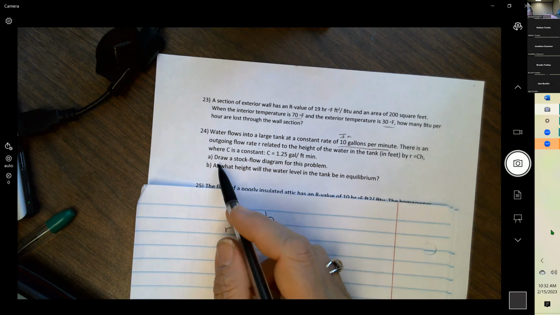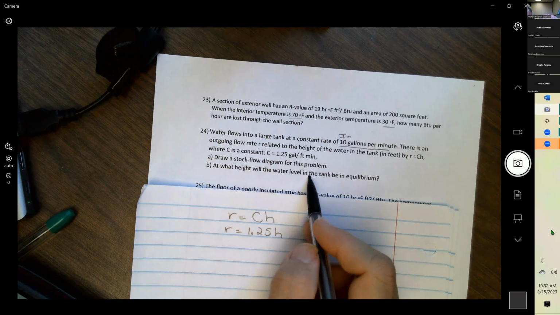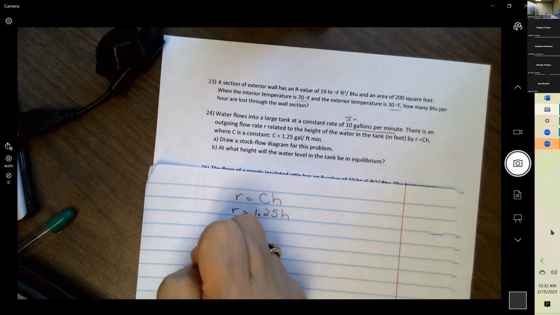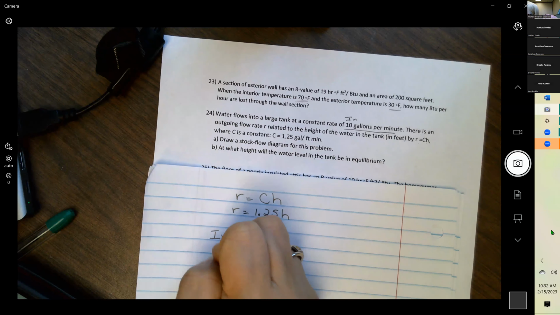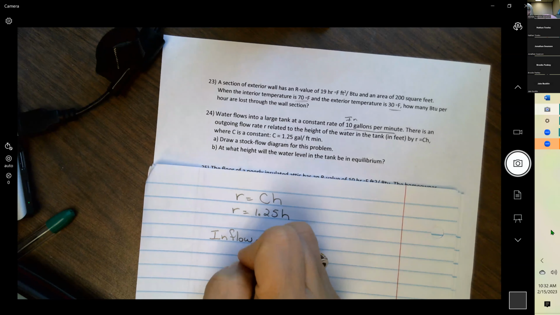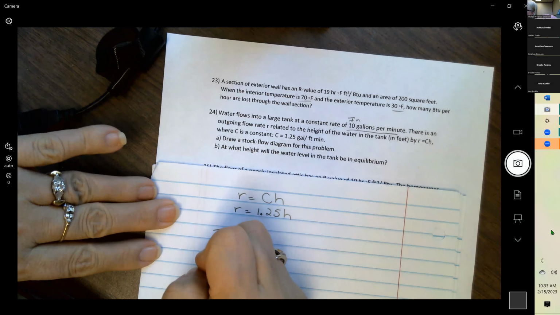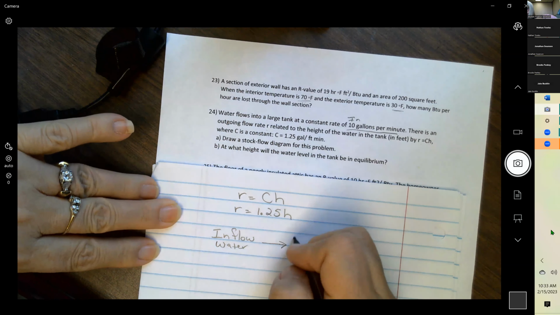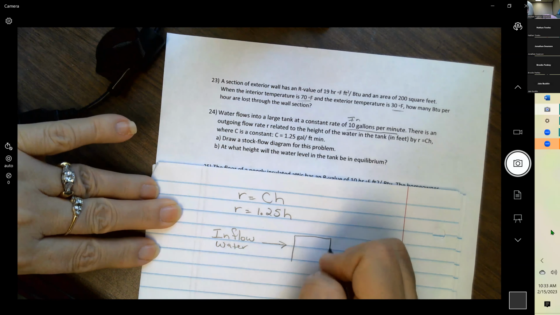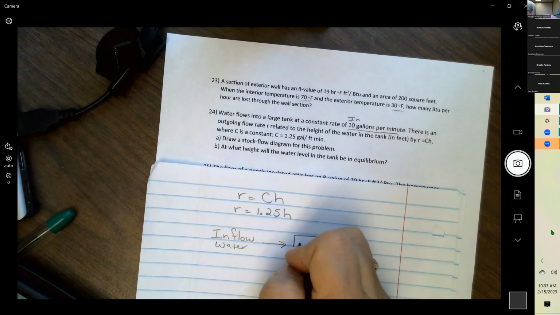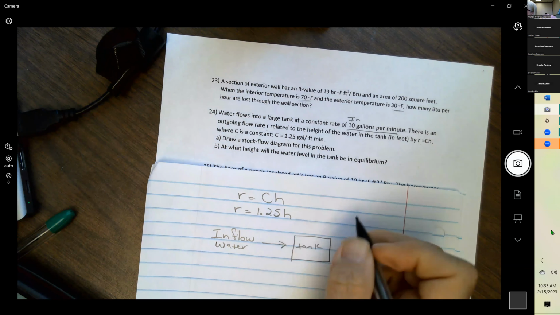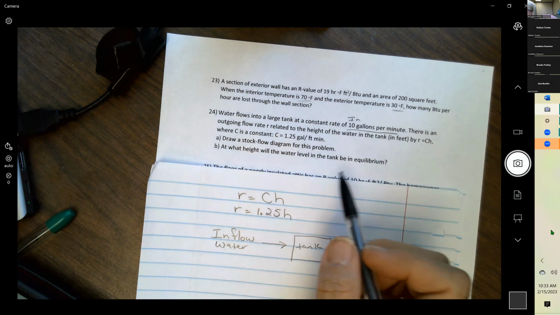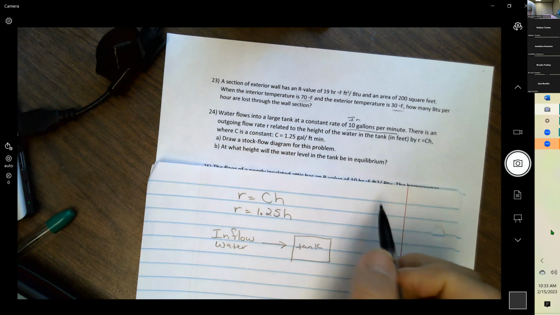But first they want us to draw a stock flow diagram. So we have an inflow of water into our tank. And it's only showing it going out. I believe it's just one spot because they didn't say anything different than that.